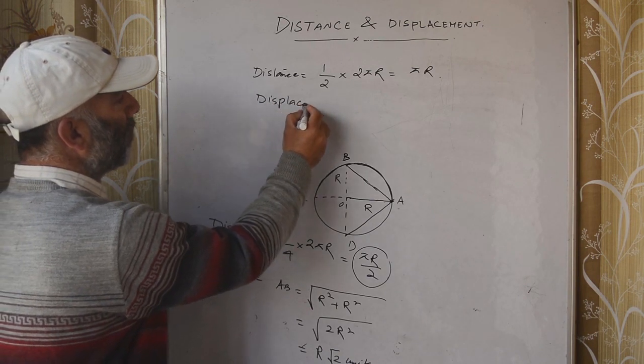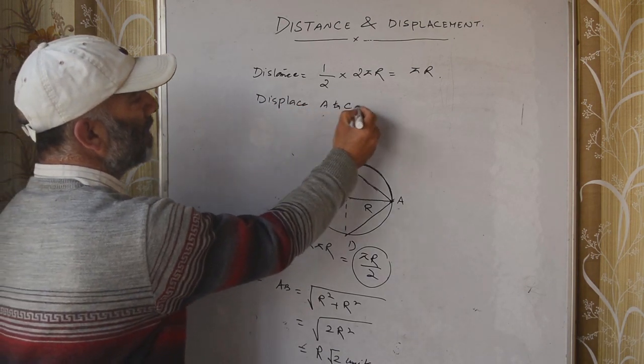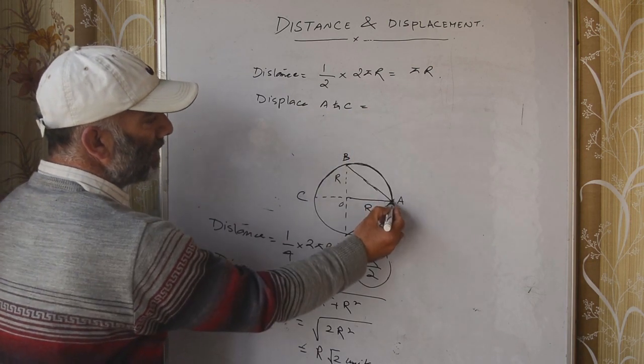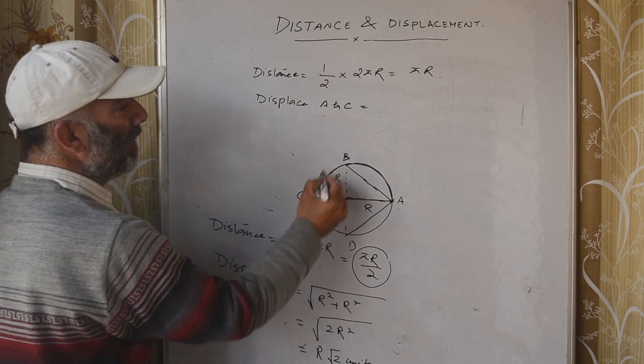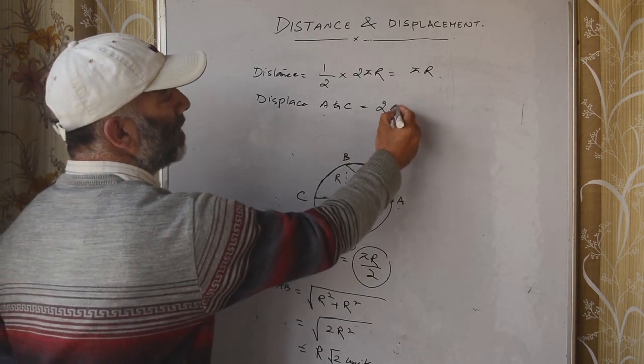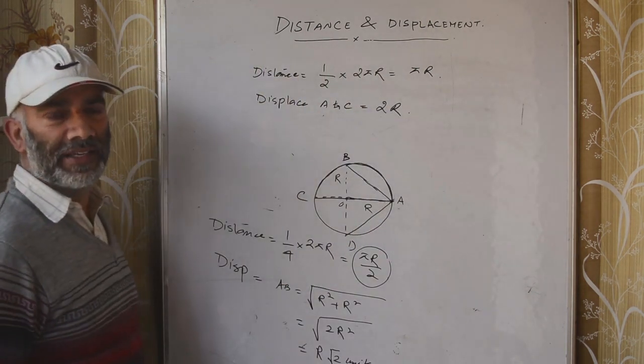Displacement from A to C will be equal to AO plus OC, which is equal to 2 times R, 2 times the radius.